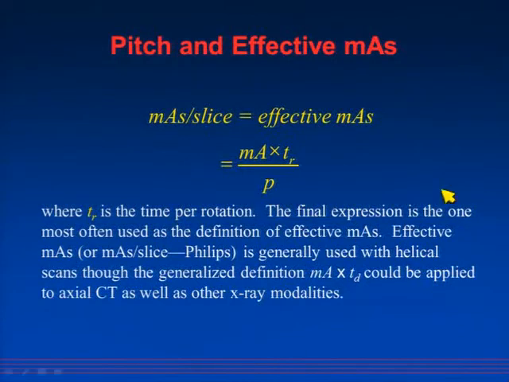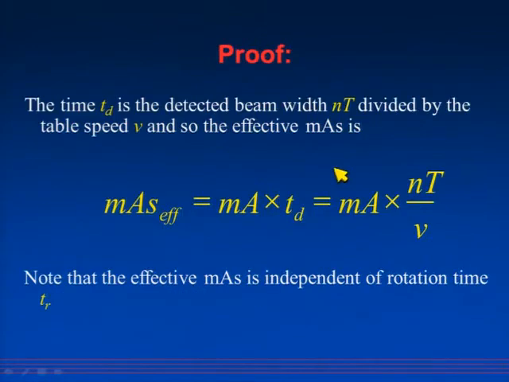Let's go through a bit of a proof, starting with the tube current times the time that point spent in the beam as it was passing through the beam in a helical case.